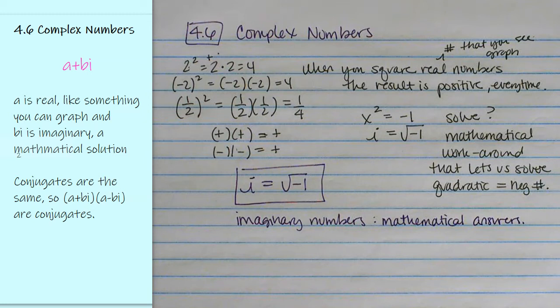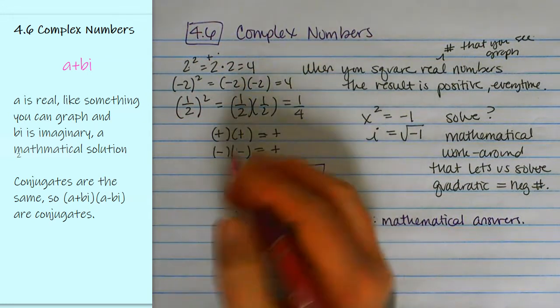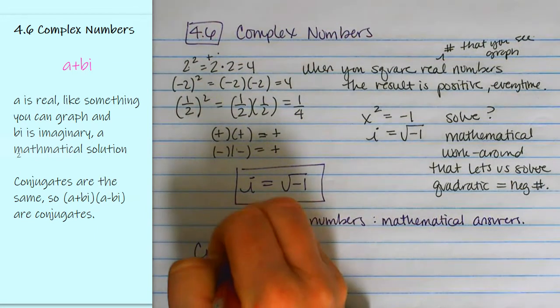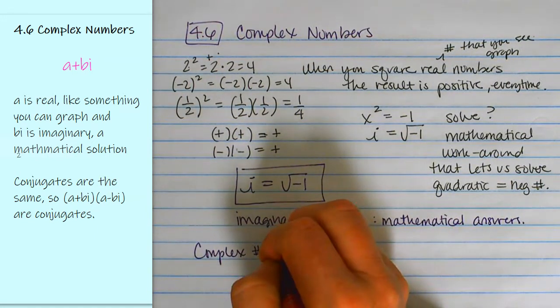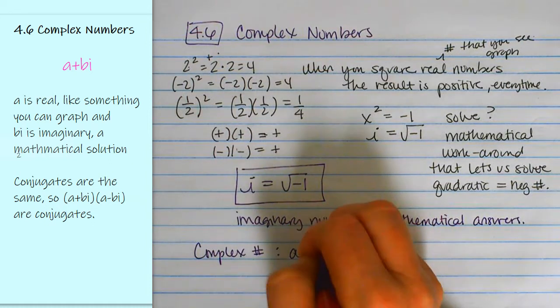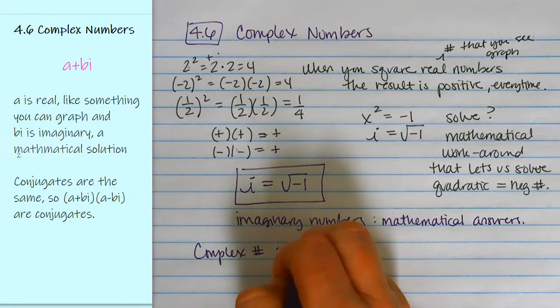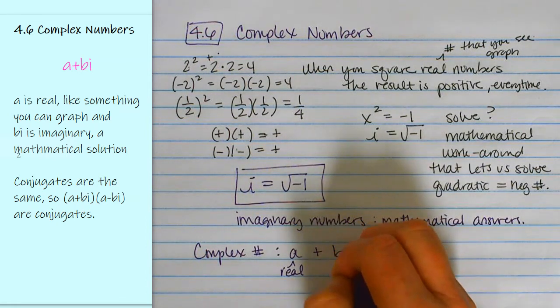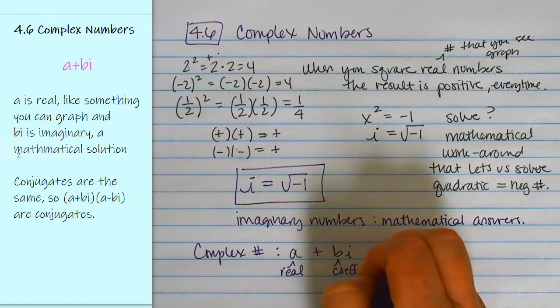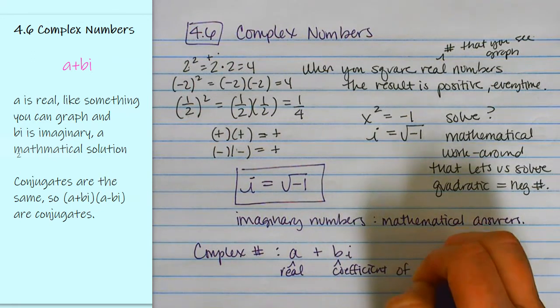Now, this is titled complex numbers. So what is a complex number? A complex number is written as a plus bi, meaning this is some real number, this is real, and b is the coefficient of an imaginary number.